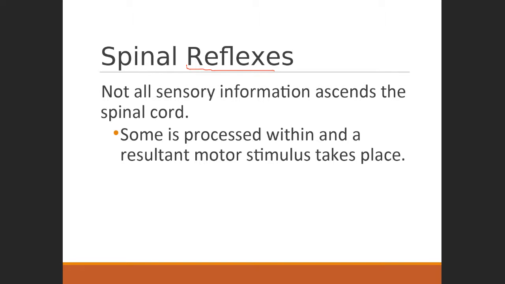A reflex, by definition, is any motor response that was brought about by a particular sensory stimulus without involving higher brain centers. Sensory in and immediately creating a motor response back out.